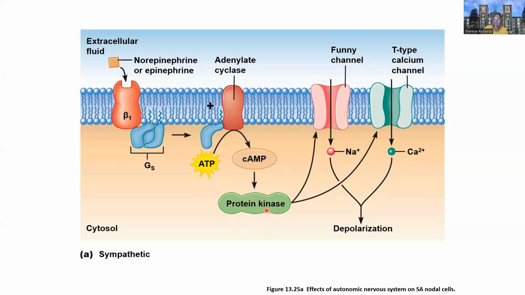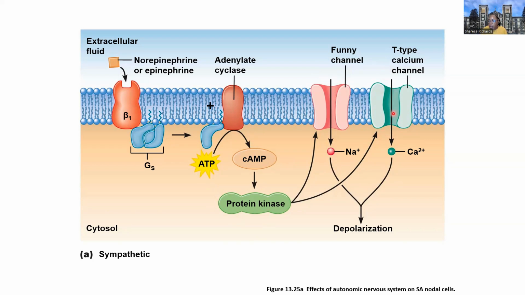production, an increase in protein kinase, and protein kinase is going to result in our funny channels. Remember these channels that we discussed as being the main event that starts an autorhythmic or spontaneous depolarization in an SA nodal cell. And so those funny channels are going to open up. Sodium and potassium will move, more so sodium coming in, and that is going to lead to a depolarization. The other thing that gets us starting this action potential here on SA nodal cells is the T-type calcium channels or the fast calcium channels.